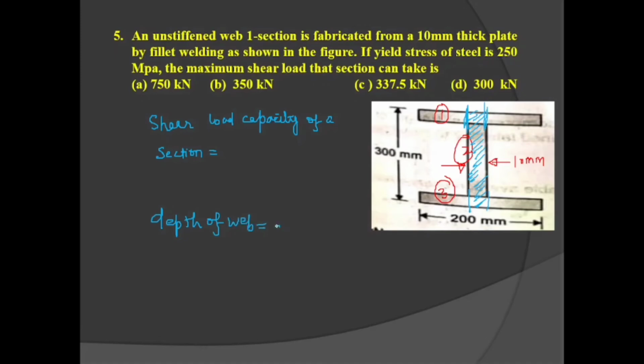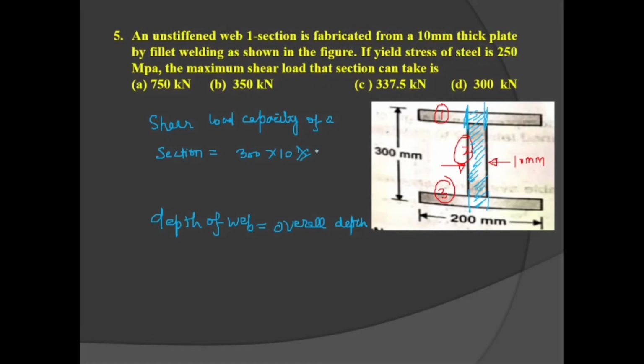Depth of web is equal to overall depth, because most of the shear force, 95% of the shear force, has to be resisted by the web only. So shear load capacity is equal to 300 into 10, because most of the shear has to be resisted by this particular hatched portion, into the shear stress, that is 0.4 Fy.